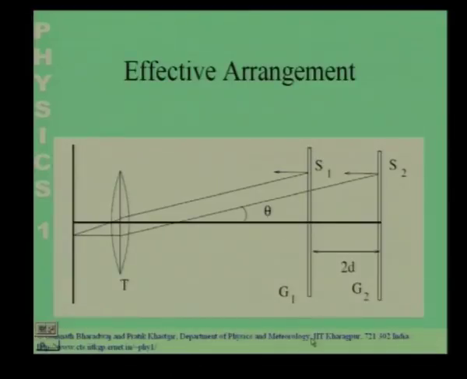two images of the source on the ground glass plate which are produced, and the waves from these two images interfere with each other. So, we considered a particular point on the ground glass plate. S1 is the point corresponding to this point in the first image, S2 is the point in the second image.